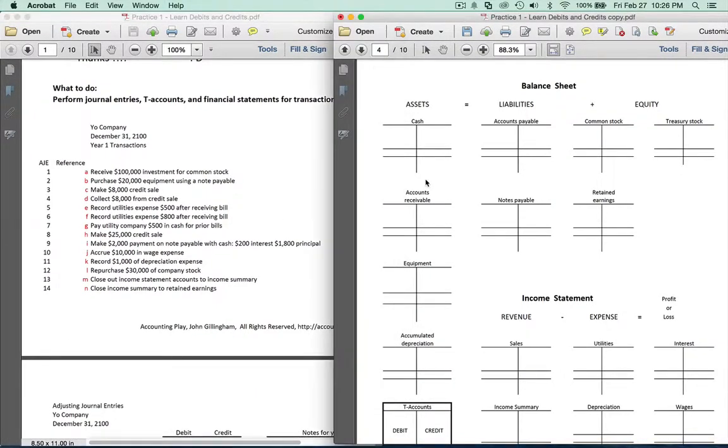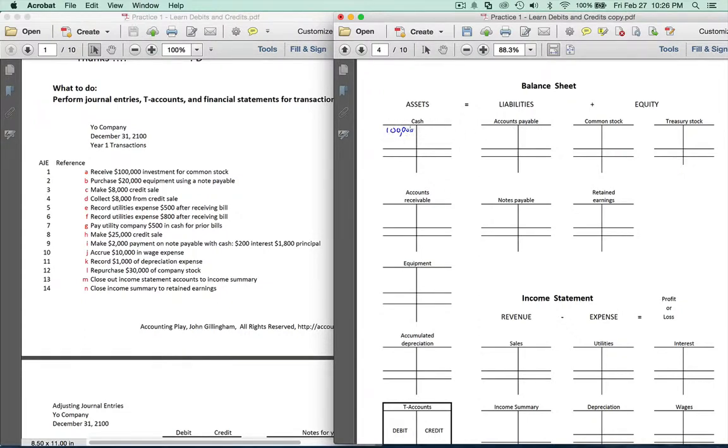Now check it out. Receive $100,000 investment for common stock. Cash is going to go up. So we know that cash goes up with a debit, cash up. I'm going to jot in 100,000 in there. My handwriting sucks, that's why I use the keyboard.